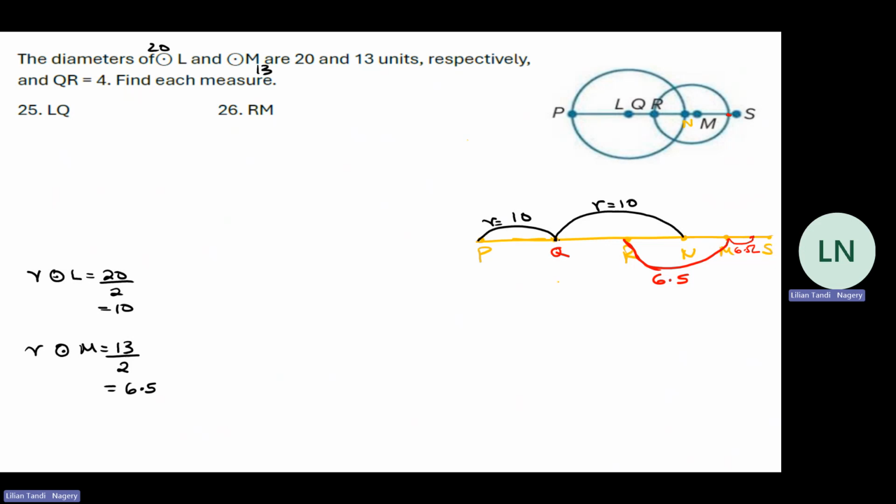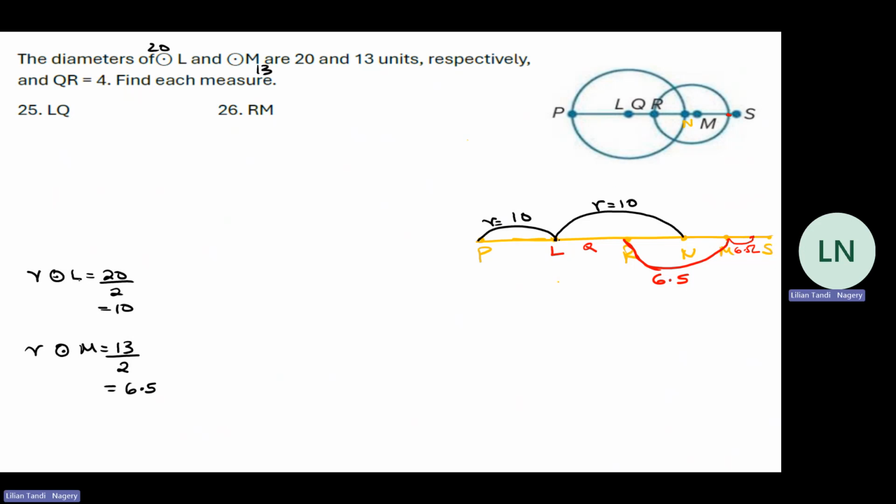And where is Q? This question is weird. So this is L, and there is Q somewhere here. How will I get that? So that means I need to know LR.